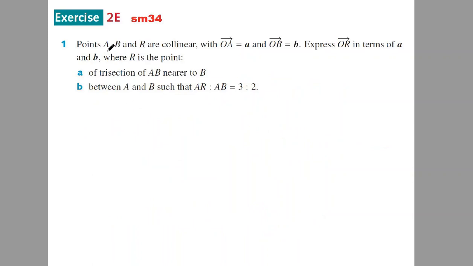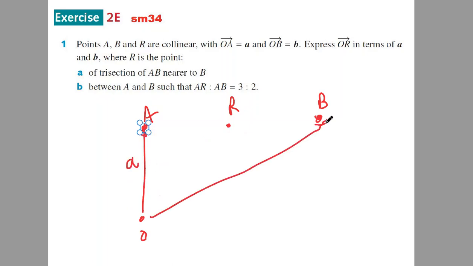Okay, points A, B and R are collinear with OA equaling a, OB equaling b. So A, B and R are collinear, and I have this O, and that is a, and that is b.